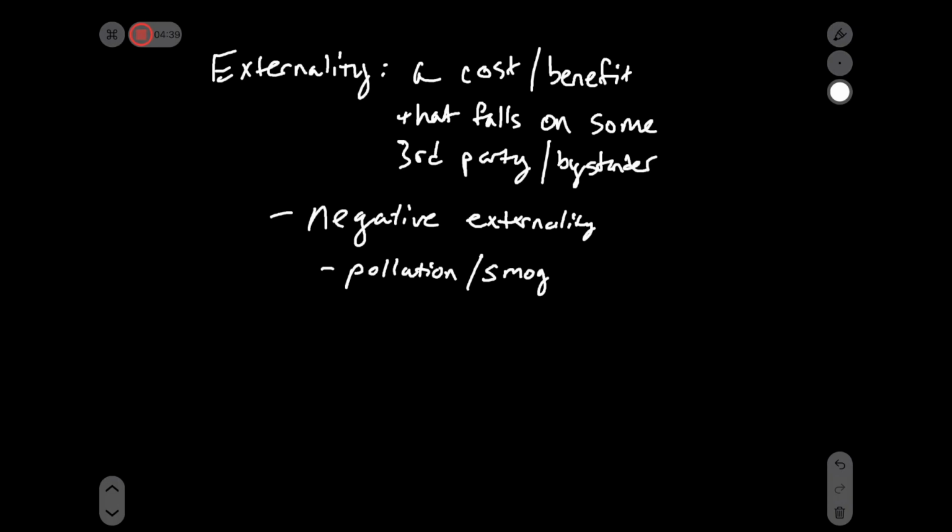This could be noise pollution. This activity results in some noisy outcome that others have to deal with. There are plenty of other examples that we could think of. And we could also think of positive externalities. A positive externality is some benefit that someone else receives without paying for it.